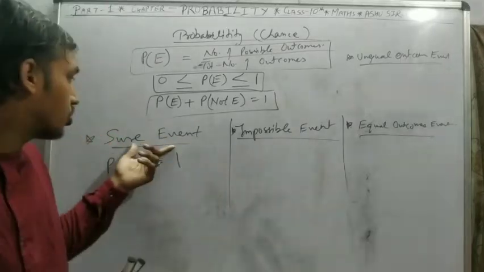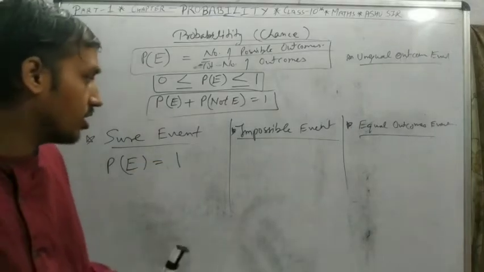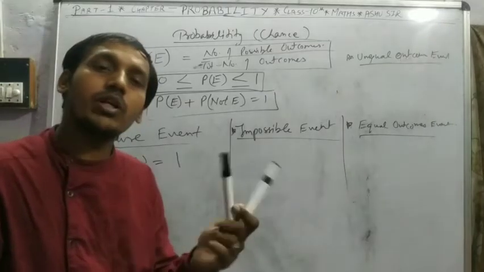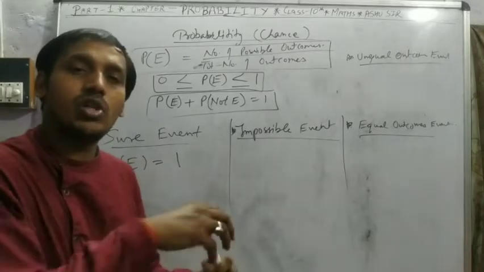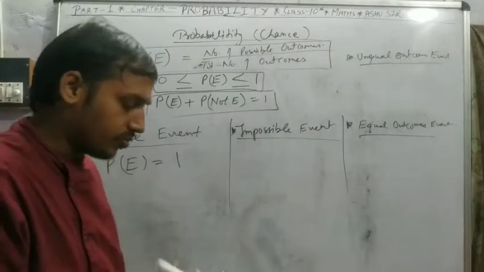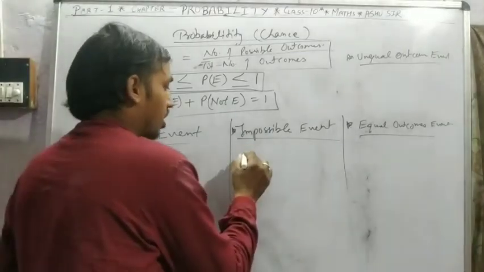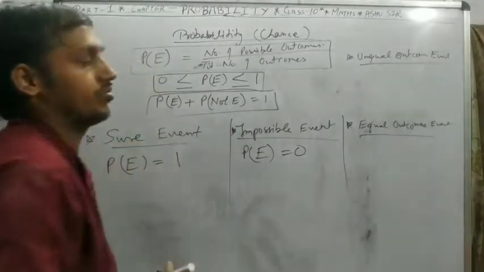It's a sure event. But if we say choose a red marker out of these two markers, there is no red marker. So the impossible event means it never comes. The probability of the event is always 0.